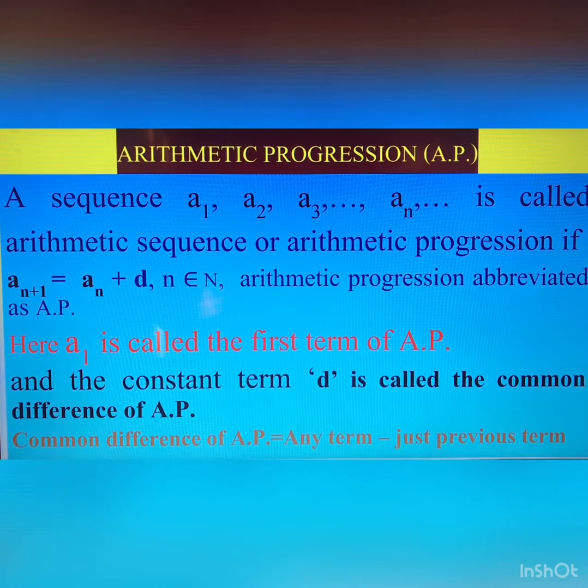That is, a2 minus a1 is equal to a3 minus a2, which is equal to a4 minus a3. So this is the formula for the common difference, and the common difference is a constant term.